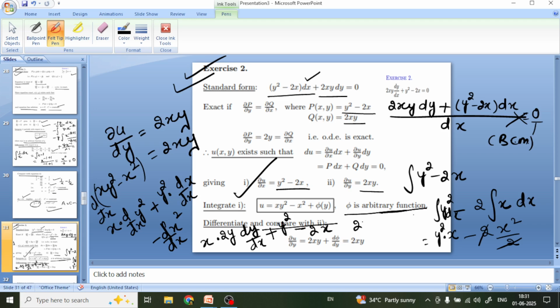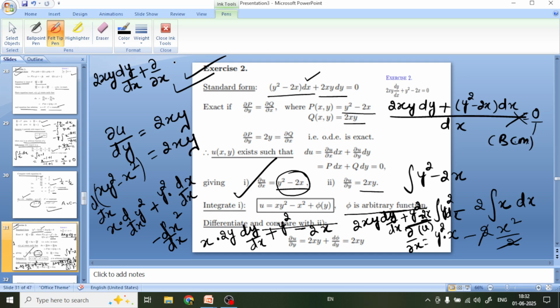You can see here 2xy dy over dx plus y² − 2x, and you can see here y² − 2x is assumed to be the partial derivative of u with respect to x, and 2xy dy over dx plus the partial derivative of u with respect to x equal to 2xy.